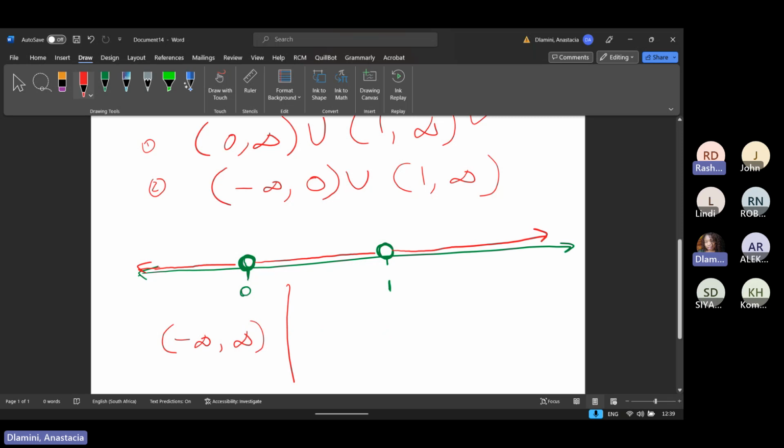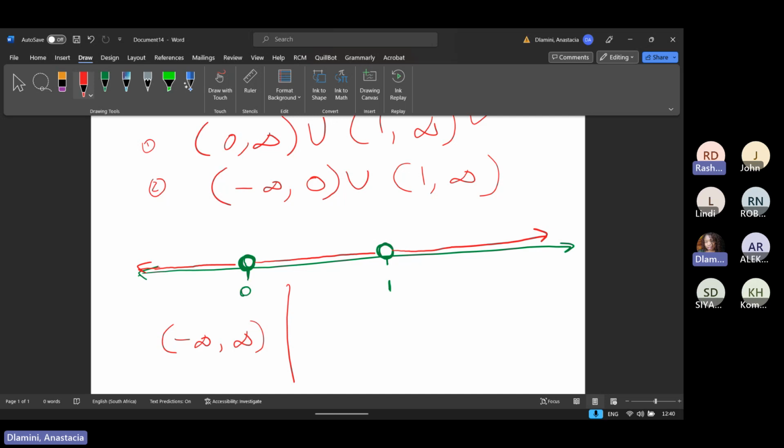Reading this line of ours. Yes, from that number 2. It's a close bracket, negative infinity, close bracket.